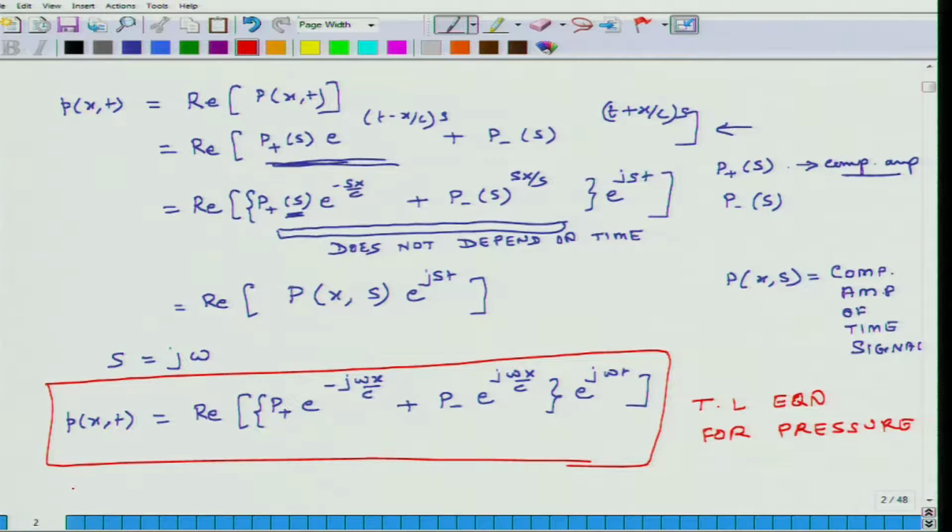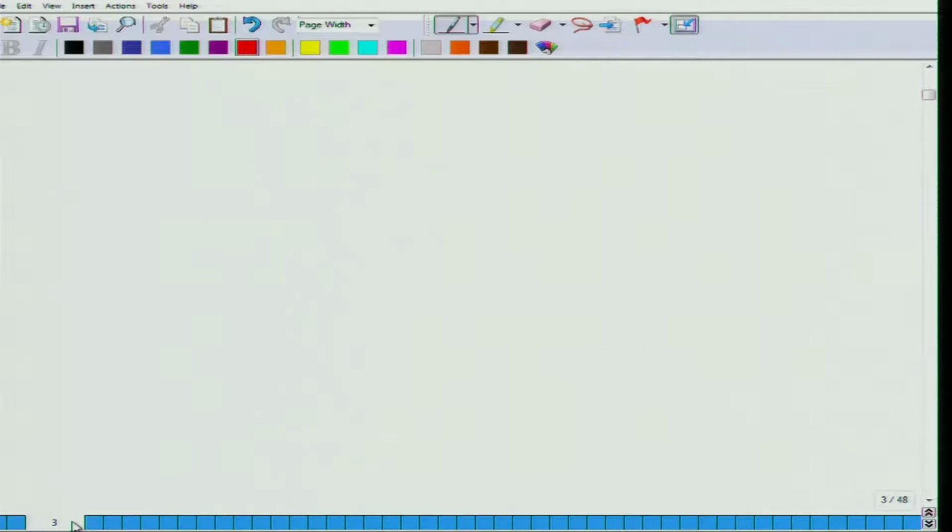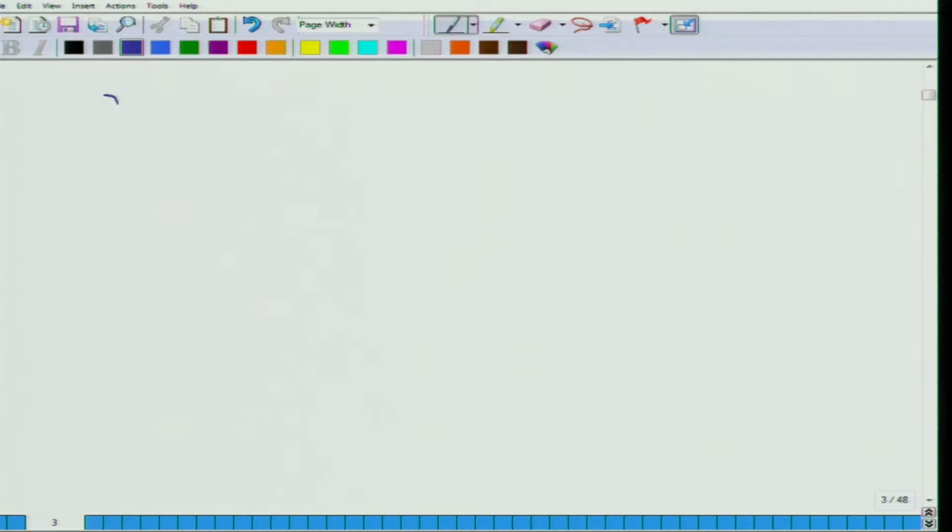Similarly, I can also have a transmission line equation for velocity. Now we know that the wave equation for velocity was nothing but the second derivative of u with respect to x is equal to 1 over c squared times the second derivative of u with respect to time. And if I do the same math which I had done for pressure, I will get a transmission line equation for velocity as well.